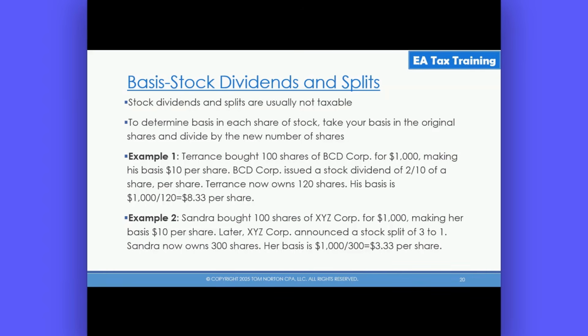And sometimes a corporation will do a stock split to try to reduce the price per share of their stock in order to make it easier for investors to buy that stock by lowering the price per share. So if they do that, this is how you handle the basis.